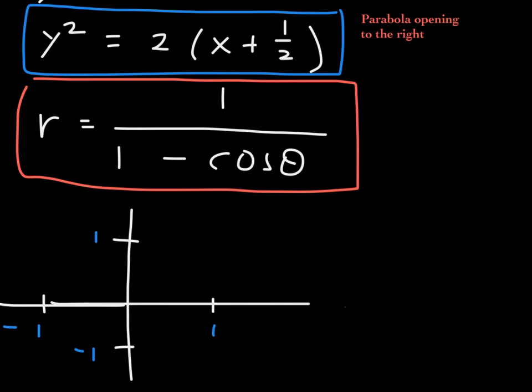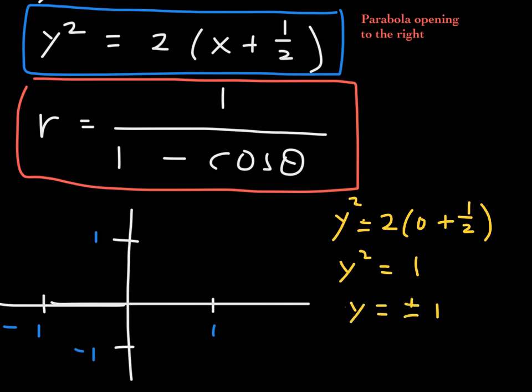I want you to notice that I'm going to look at this rectangular form, everybody, okay? Let's find our y-intercepts, okay? It'll touch your y-axis twice. So the way we do that, remember, is to plug in 0 for x. So you can see that you're going to get y squared is equal to 1. When you take the square root of both sides, you get plus or minus the square root of 1, which is just 1.